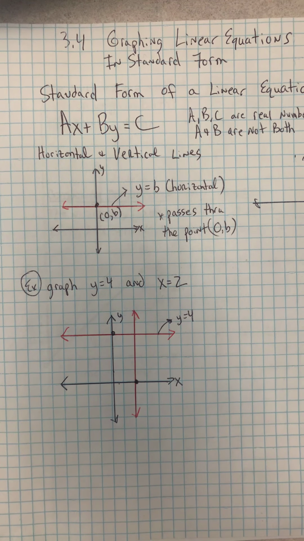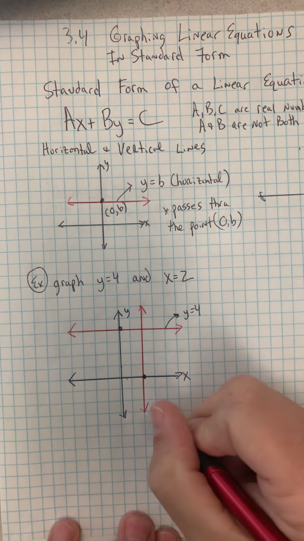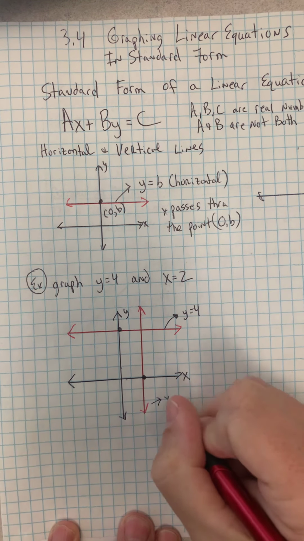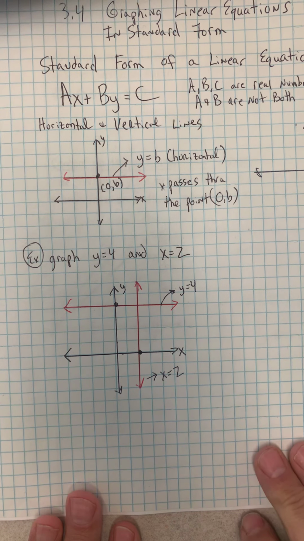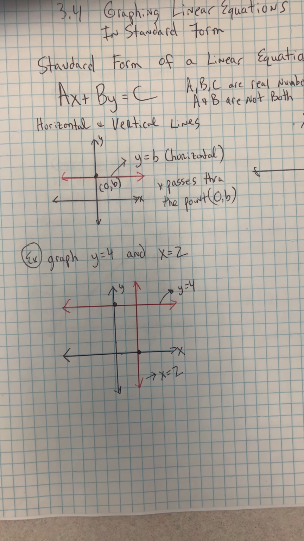That is a vertical line. That is the line x is equal to 2. So hopefully that's clearing up a little bit of the vertical and horizontal lines.